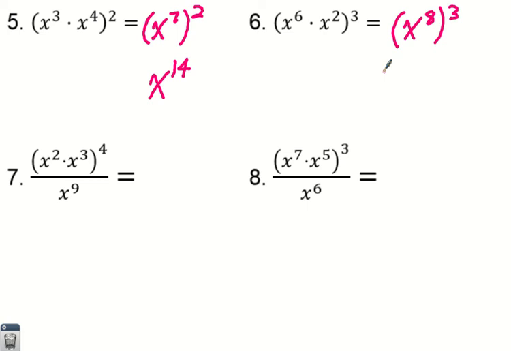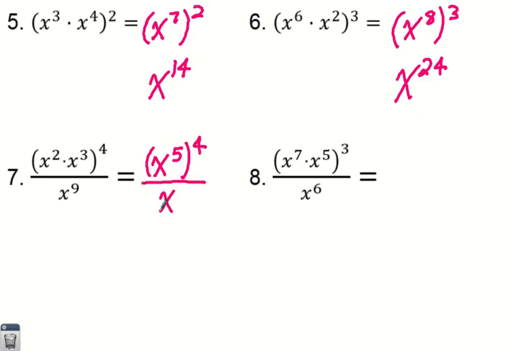And then in order to raise it to the 3rd power, you multiply the powers. Alrighty? Number 7, you should look at this and probably see, you know what, I want to do this part first, and I want to make that into an x to the 5th, because that's where you add powers.